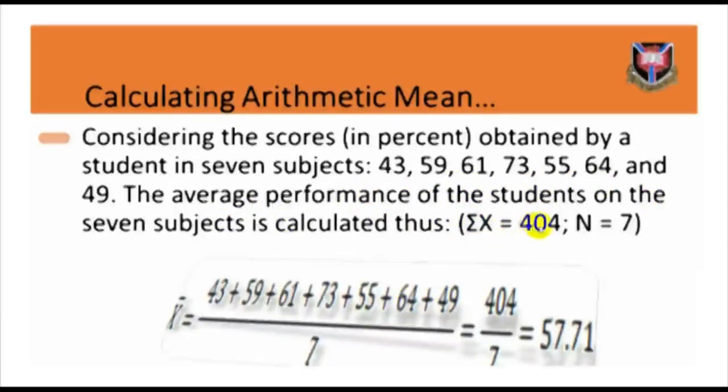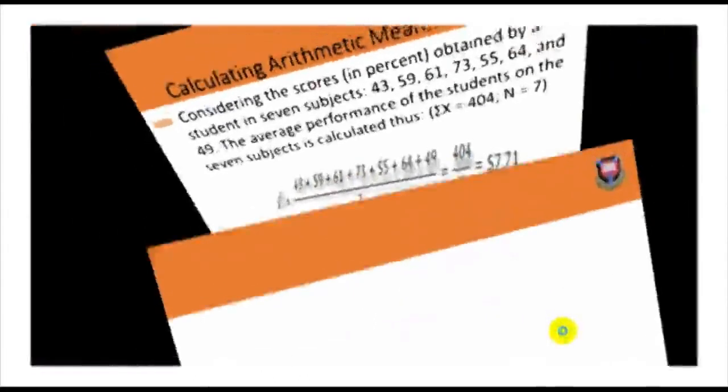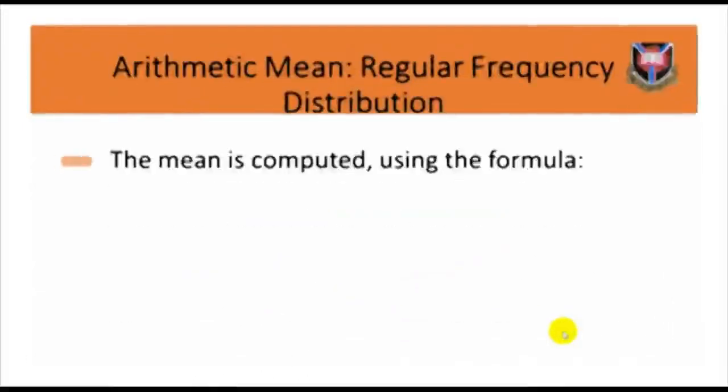X bar equals 43 plus 59 plus 61 plus 73 plus 55 plus 64 plus 49 all over 7, which will give us 404 over 7, which is 57.71. From the above, summation x is 404, while n is 7.